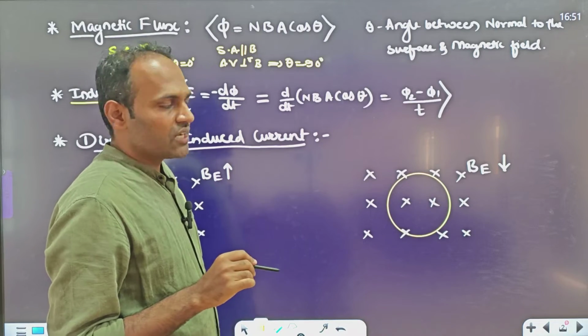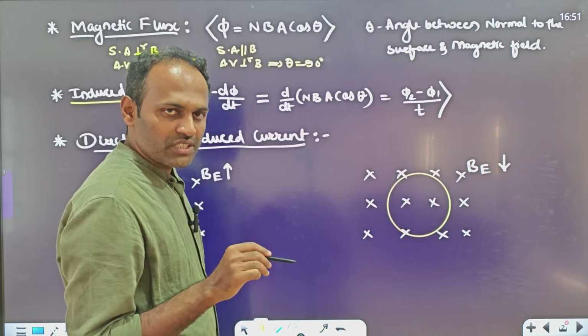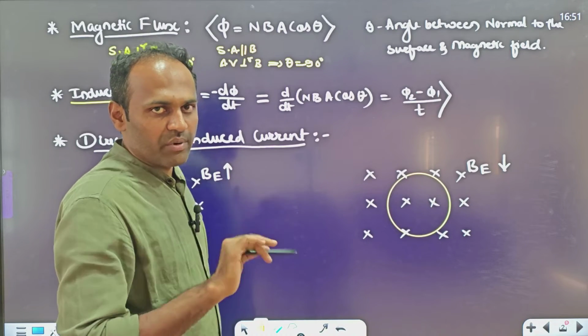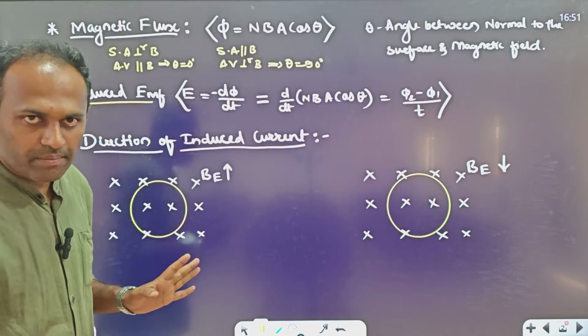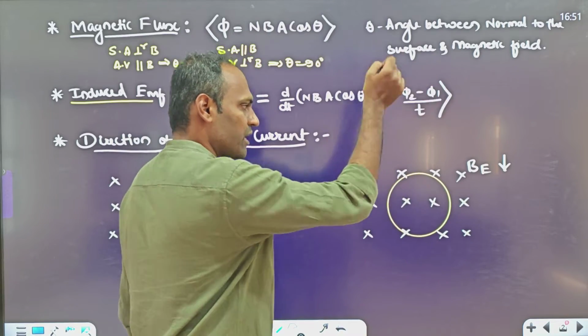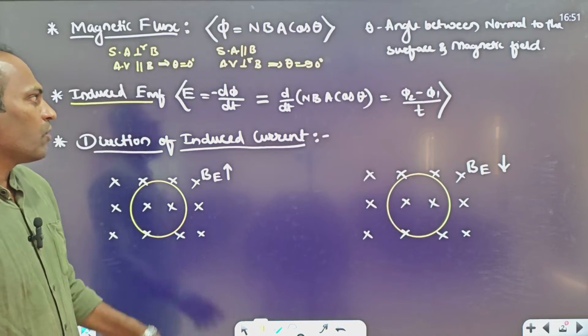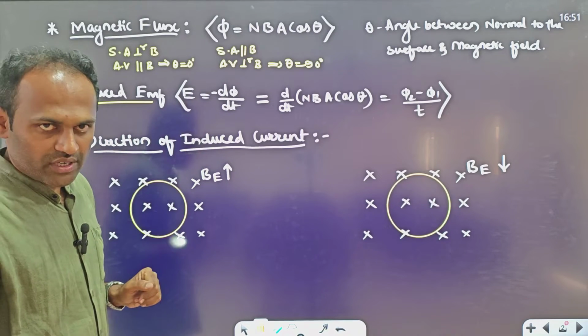If B is changing, you can write it like this: NA cos theta dB by dt. If A is changing, NB cos theta dA by dt. Like this, you have to go on applying d by dt for the quantity which is changing. Or final flux minus initial flux upon time. This will also give you EMF only, change in flux upon time. But d phi means it is change in flux, dt means it is time taken to change in flux.